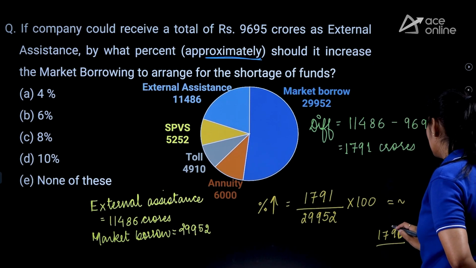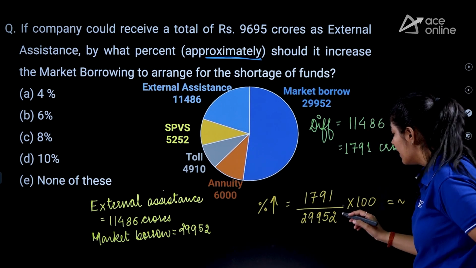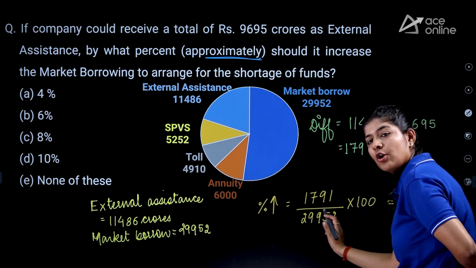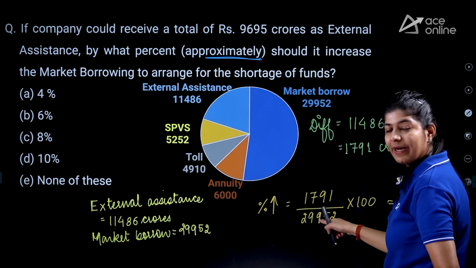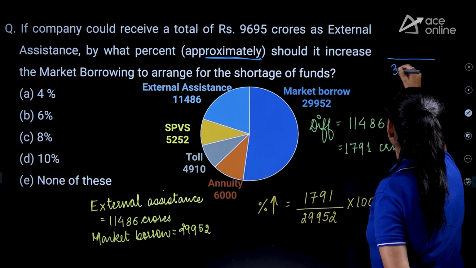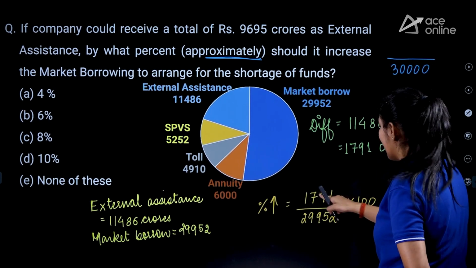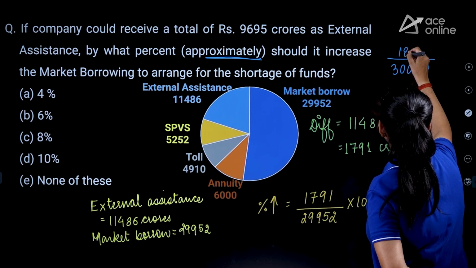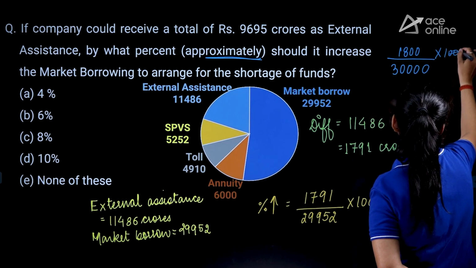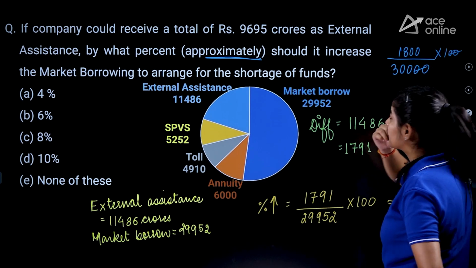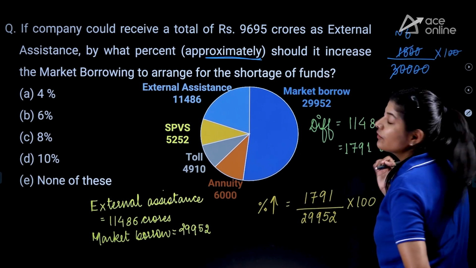Because I have to calculate the approximate value, I am assuming this denominator as 30,000, because this value is nearby. And I'm assuming this value as 1800 into 100. These two zeros are eliminated with these two zeros, and I'm getting an approximate value of 6%.